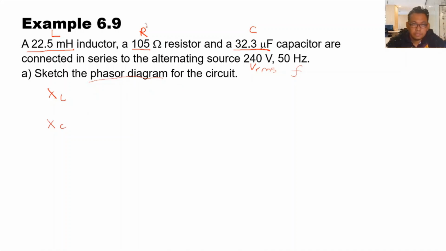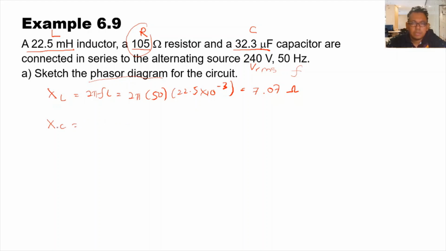The R is given. XL is equal to 2 pi f L. Put the value, times 10 to the power of -3, and I get 7.07 ohm.